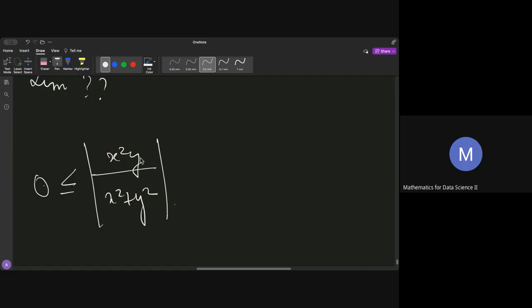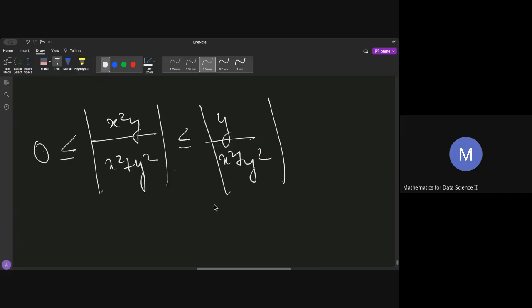If instead of this x square I put 1 here, if I have y by x square plus y square here, can I say this is less than that?